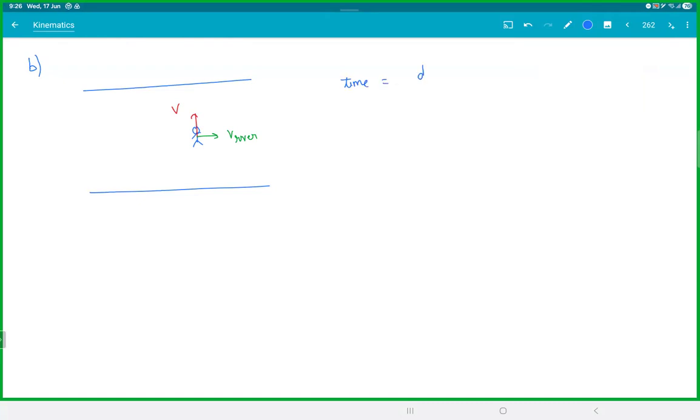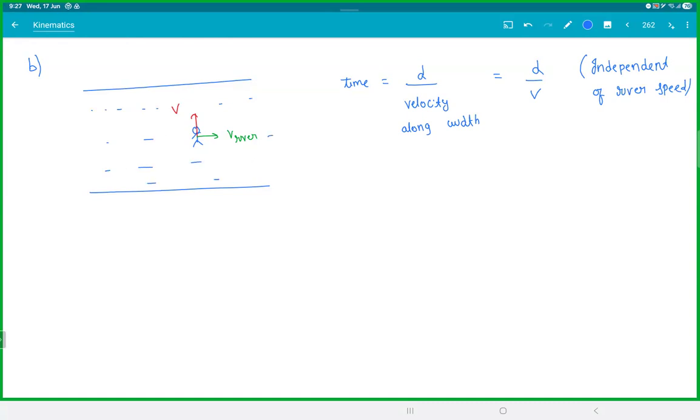So time will be d by velocity along the width, and the river's velocity is zero in that direction. So this is simply d by v. This is independent of the river's speed. The river will only drag you horizontally. It will never push you to cross the river. The B part is clear.